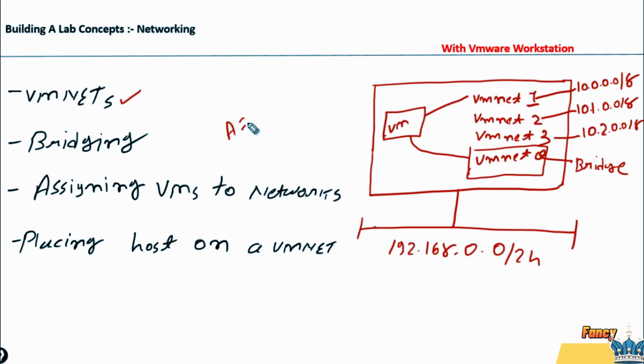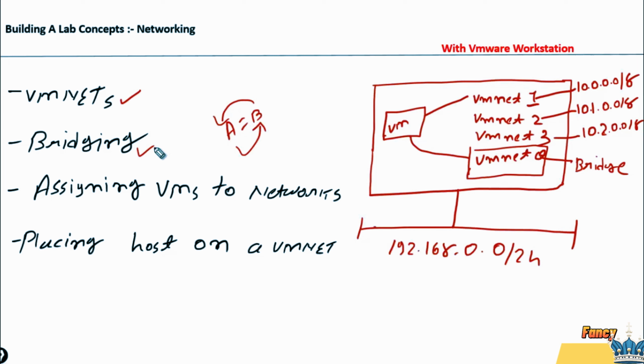Like A is equal to B and B is equal to A. So bridging provides communication with the physical network for VMs and virtual networks.